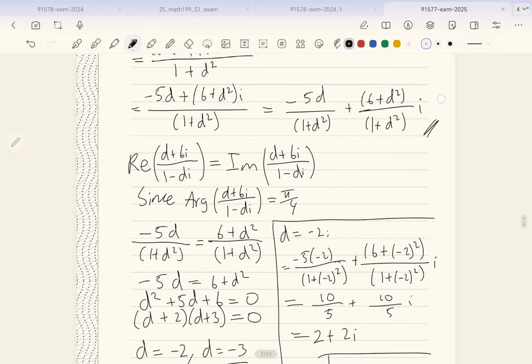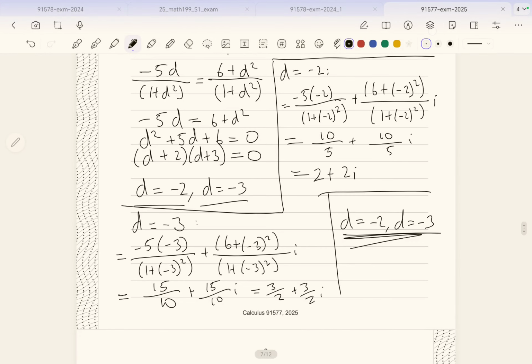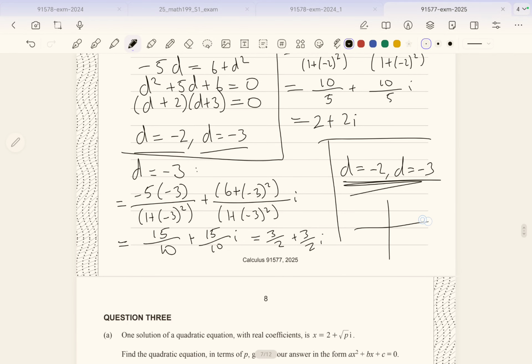In some cases you'll have a solution here, then you also have a solution here, but this argument is not pi on 4. So you would accept this one but reject the solution here. That's why you should also be careful to test the values that you find.